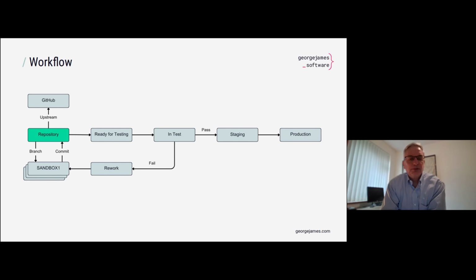Just to walk you through what this diagram represents, over on the left-hand side you've got the repository, and below that there are a series of developer sandboxes, which are the namespaces where developers will work. We'll be focusing on sandbox 1.